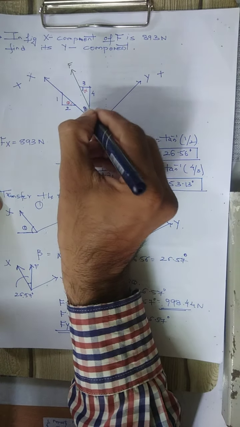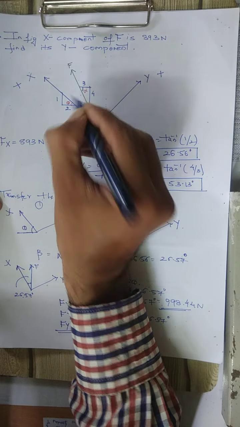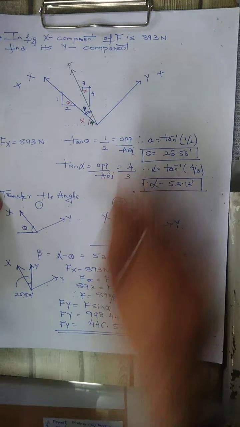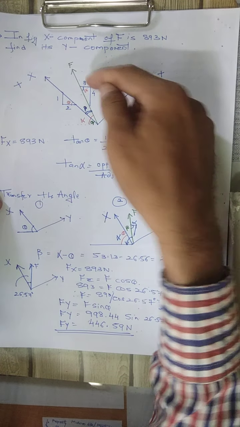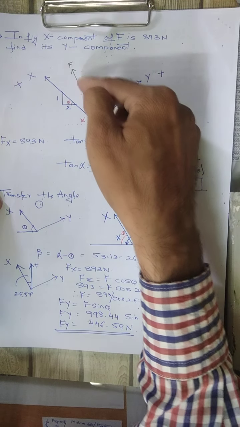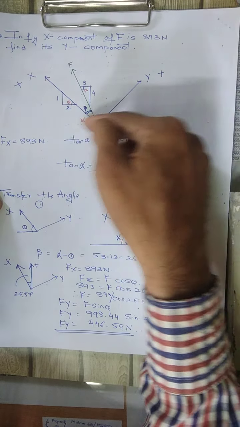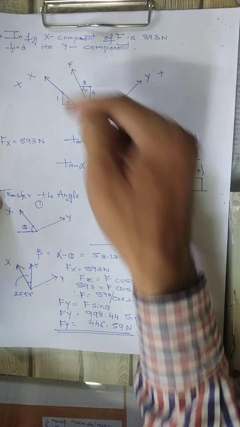This alpha has been transferred here, making an angle with the horizontal. So we have taken this force with the horizontal. The horizontal is this part, and this total will be alpha.